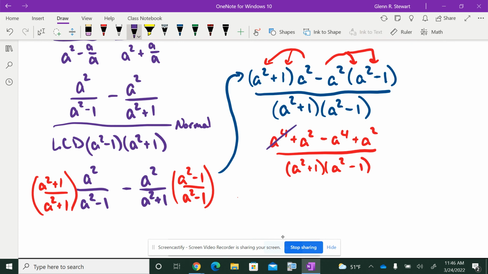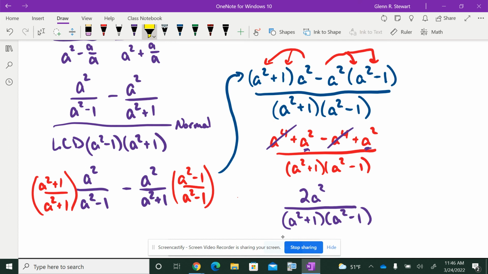A to the fourth and a negative A to the fourth will cancel out. A squared and A squared give me 2A squared over A squared plus 1 and A squared minus 1.